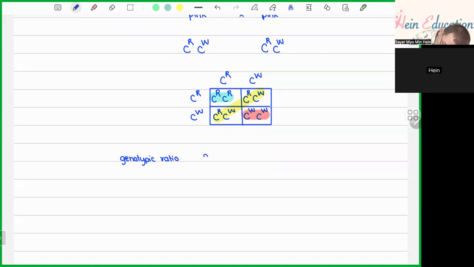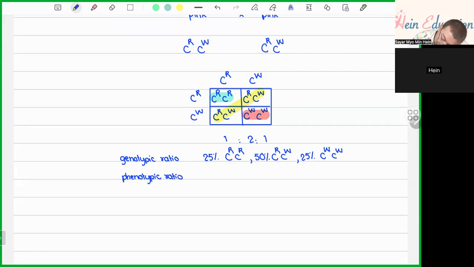We got 25% CRCR, 50% CRCW, and 25% CWCW. So which again is 1:2:1. And also phenotypic ratio.